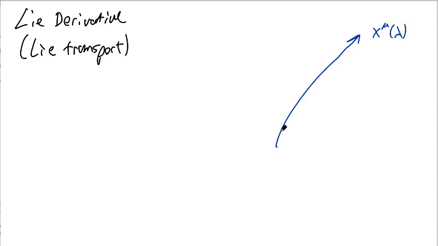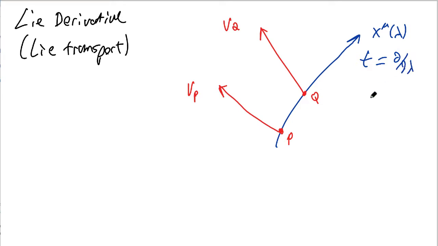Let me go ahead and mark 2 points, point P and a point Q. And we have a vector field that's defined along this world line. So here's the vector at point P, and here's the vector at point Q. And let me remind you that the tangent to this curve is the vector T with components partial x mu with respect to lambda.